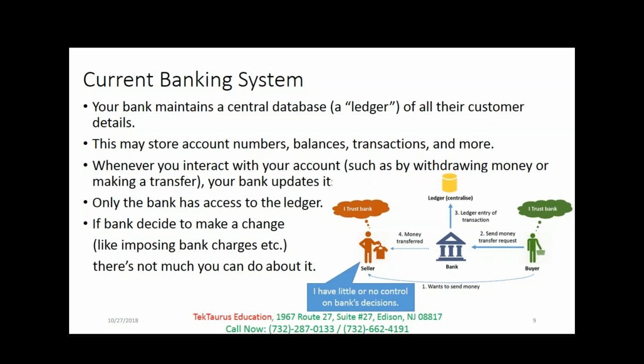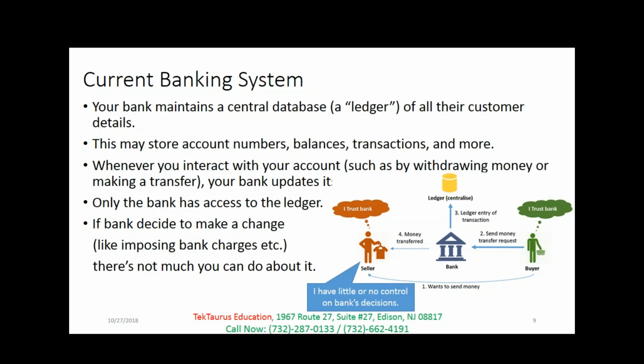They store your account numbers, balances, the transactions done, and a lot of other things. Of course, because they provide these services, they take a minimal charge from the customer through various financial products.